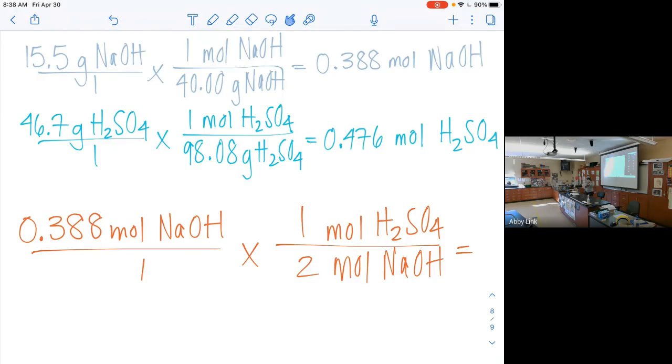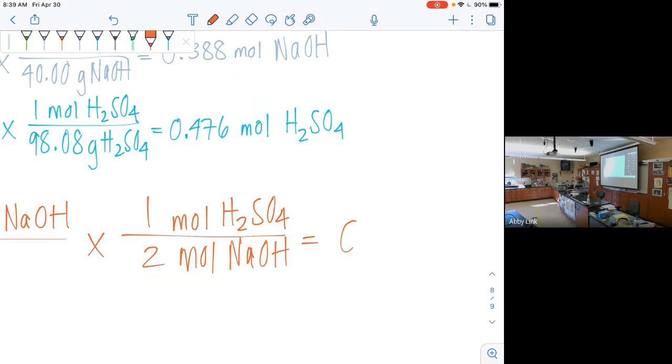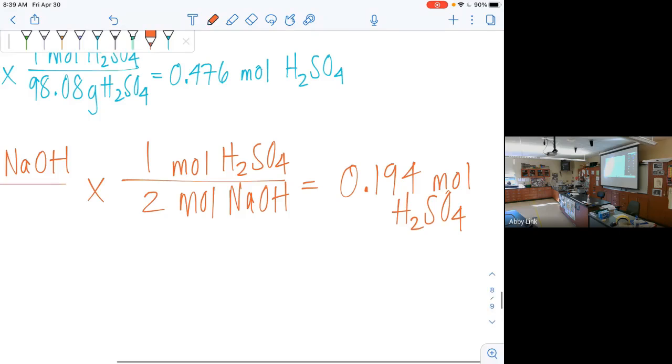There's a 2 in front of my NaOH, and there's a 1 in front of the H2SO4. So 0.388 divided by 2 gets me 0.194 moles of H2SO4. Now, here's the question, right? And every time you do this problem, you should be asking yourself this question.